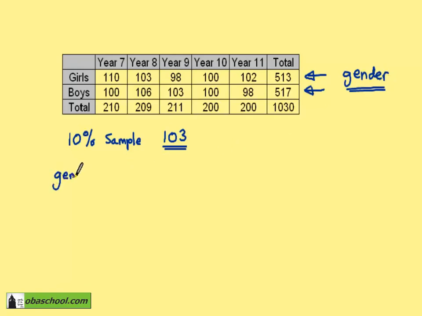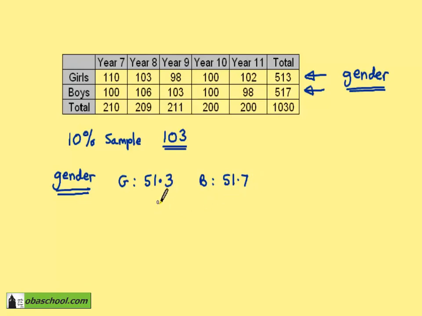So let's look at this. We can see that there are 513 girls. 10% of this is 51.3. There are 517 boys, so that's 51.7 if we take 10%.